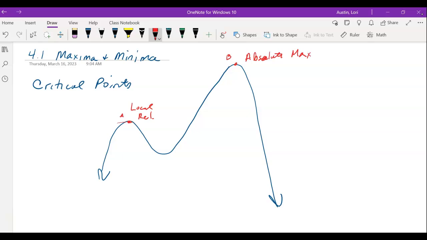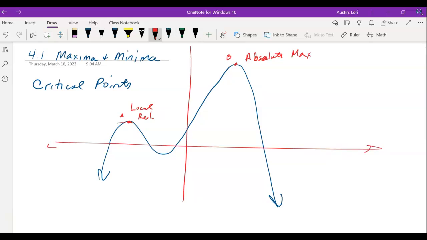The other thing I want you to notice is when we talk about the absolute max and min, we're actually talking about the y value of the graph. So let's suppose this function, I'll go ahead and put an axis around it, right? So this function is at a point xy, as any point on a graph is at a point xy.